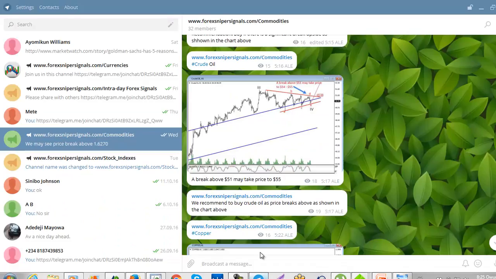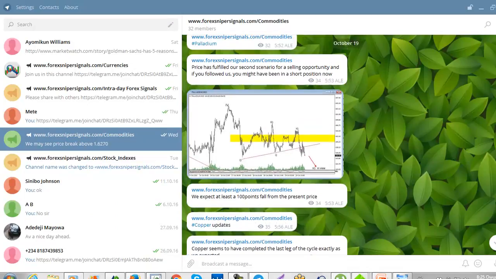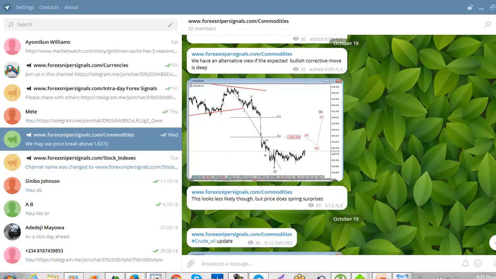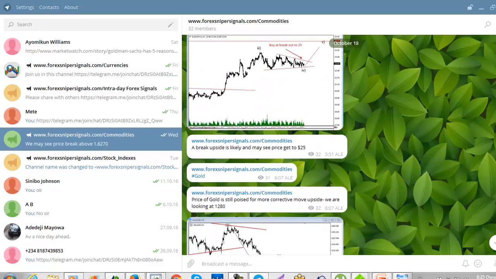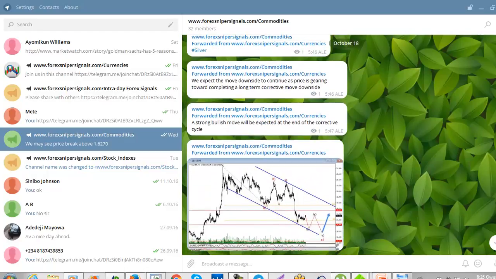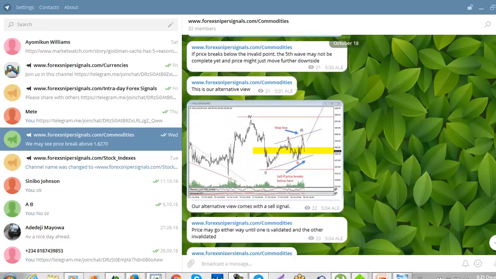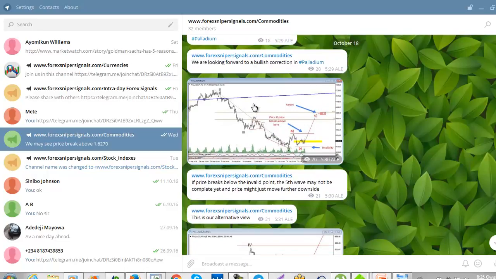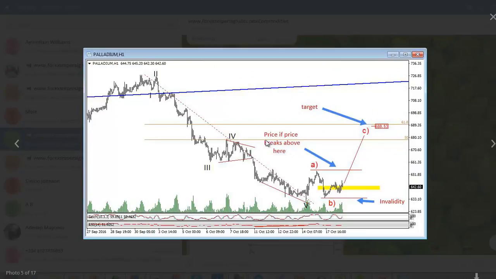And then the next one is I think the palladium, which was a very juicy one. We spotted palladium. We started actually from here. Okay, we had two outlooks for palladium.